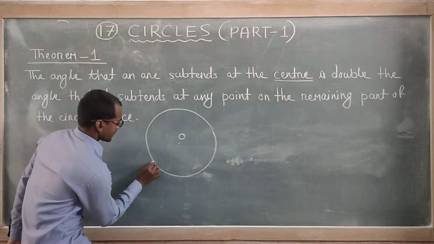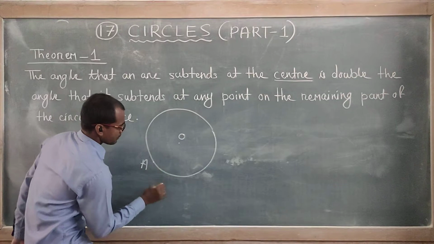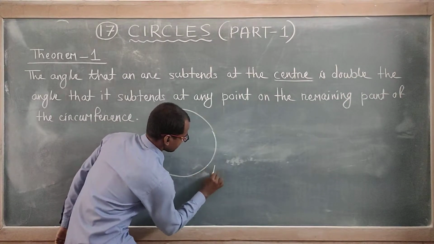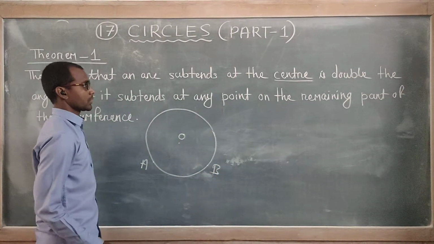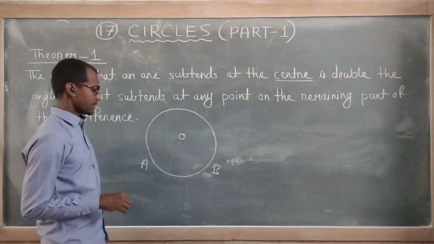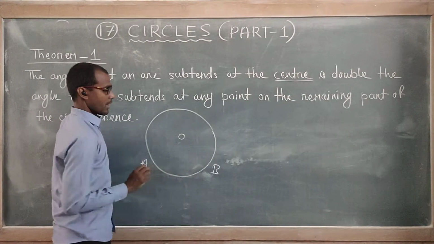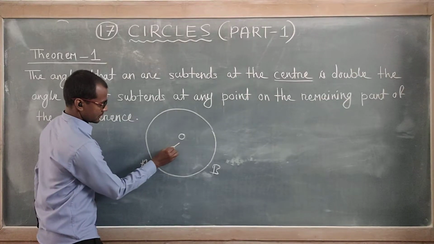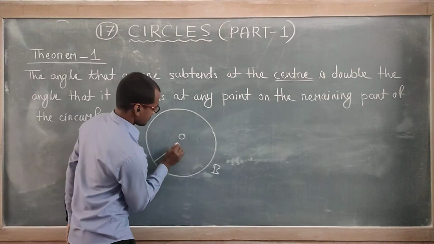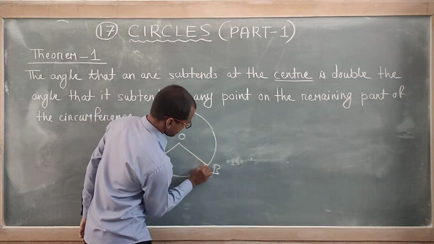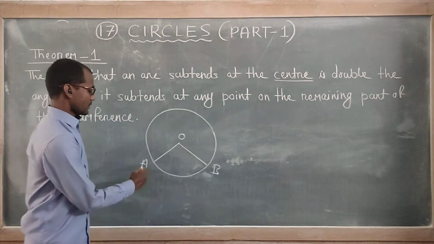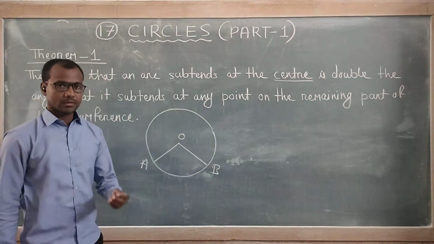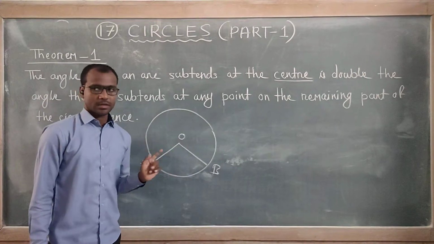Let AB be an arc. You already know what an arc is, if you have gone through the class 9 videos of circles. Let us join OA and OB. So the arc AB is subtending some angle at the center O.